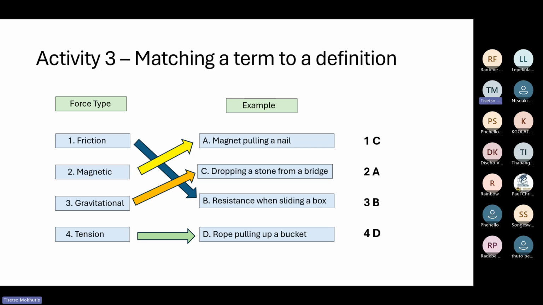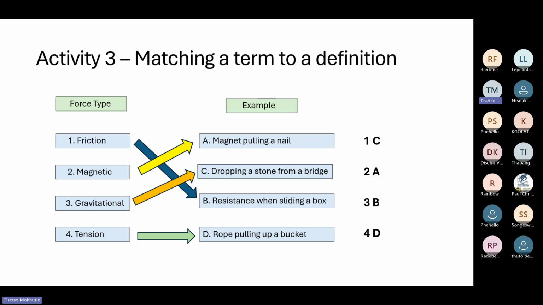Now, the last activity, match a term to a definition. You know, in our assessment, sometimes we get a matching question. Now we've got friction in the first column, magnetic, gravitational, and tension. And then in the second column, it would be the descriptions: magnet pulling a nail, dropping a stone from a bridge, resistance when sliding a box, rope pulling up a bucket.